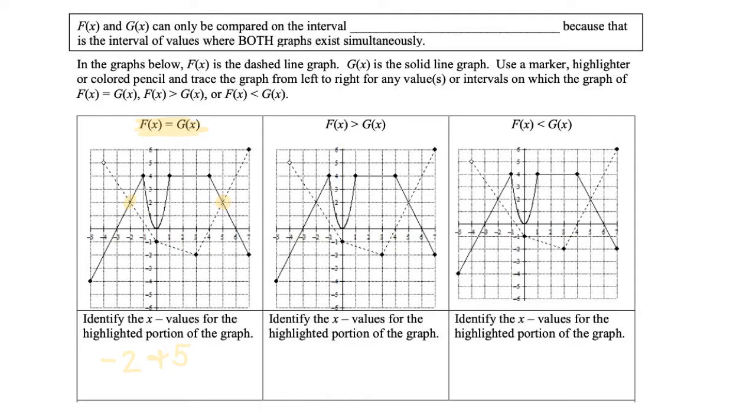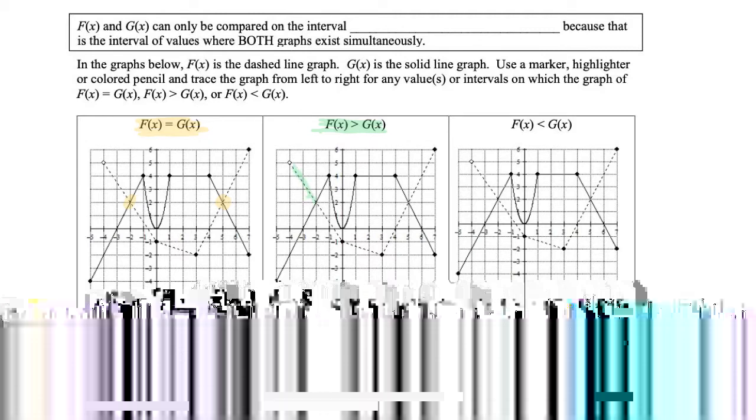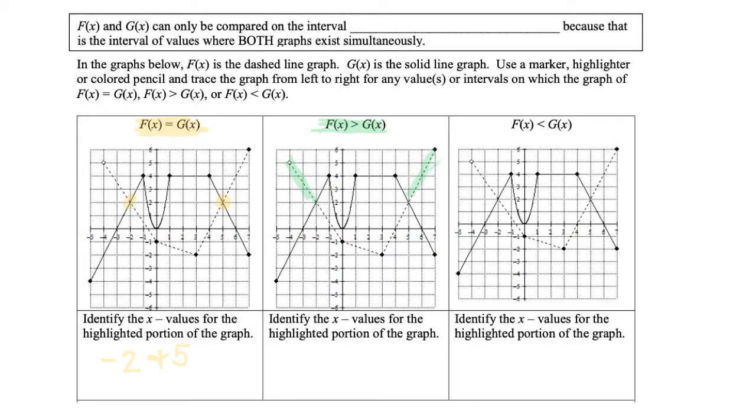And then the next place, they want us to see, well, where is f of x greater than g of x? And again, f of x is the dashed line, so we're looking where the dashed line is above the solid line. So that's going to be way up here and way over here.